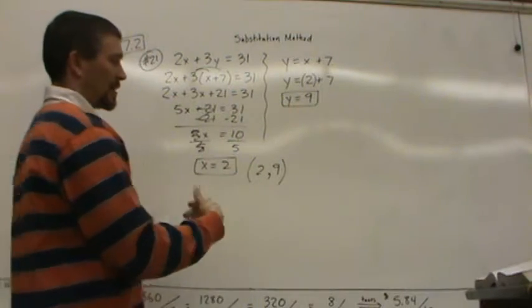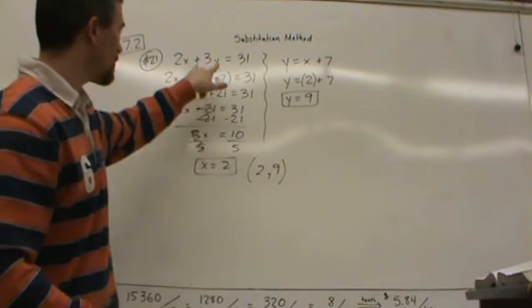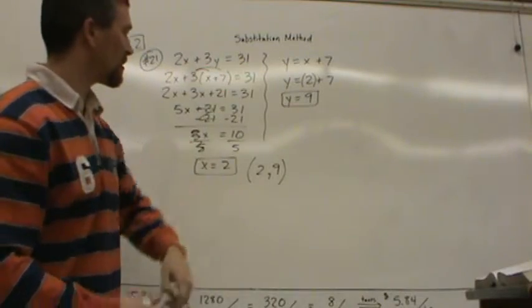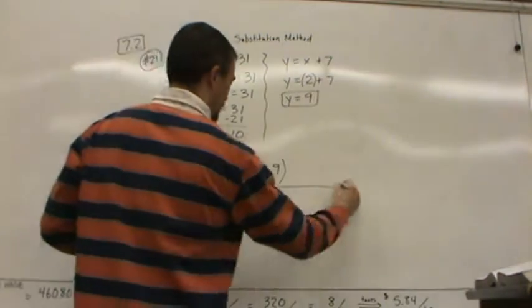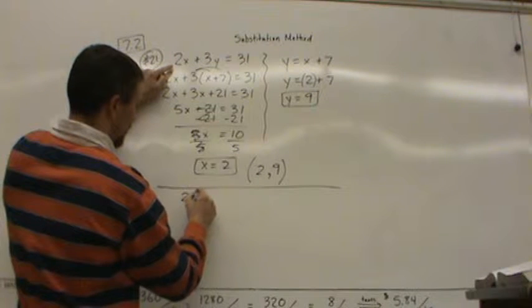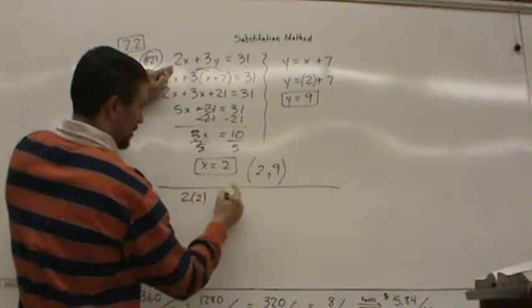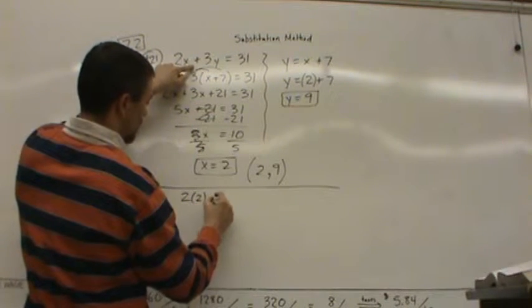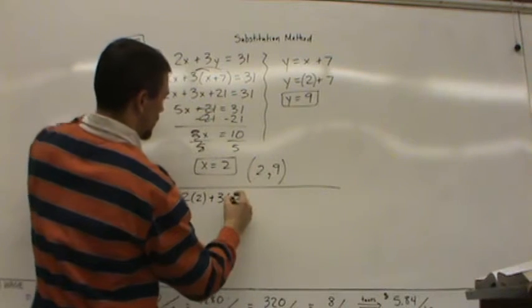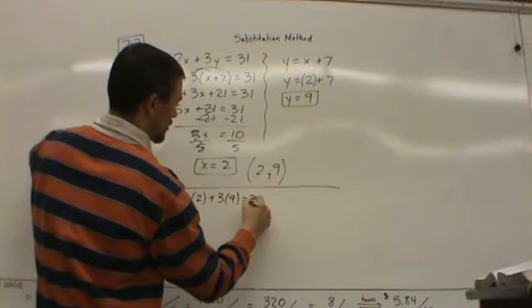However, on a test or a quiz, you'd want to plug these back in and just check to see. And we can do that. Take the original equation, put the 2 in for x, and the 9 in for y, and see if it turns out to be true.